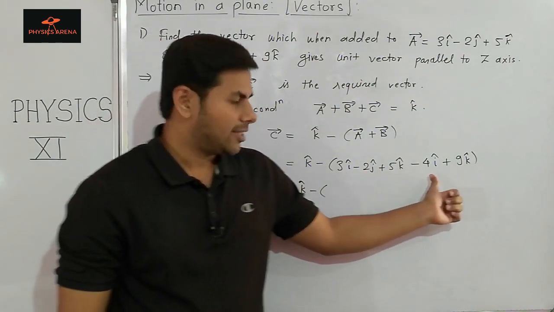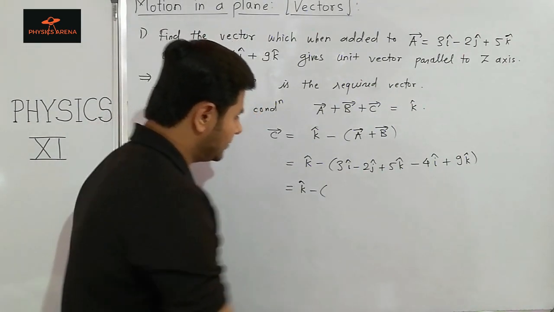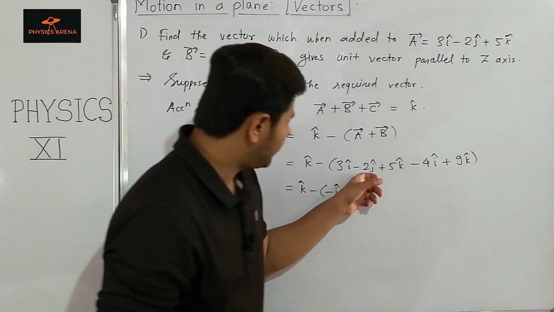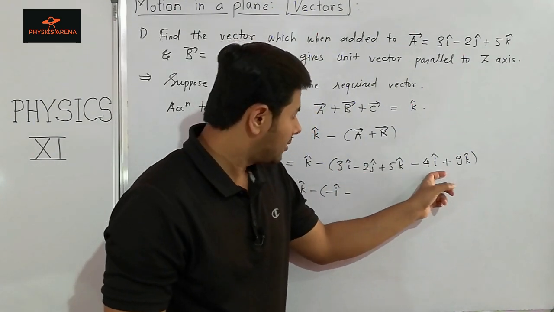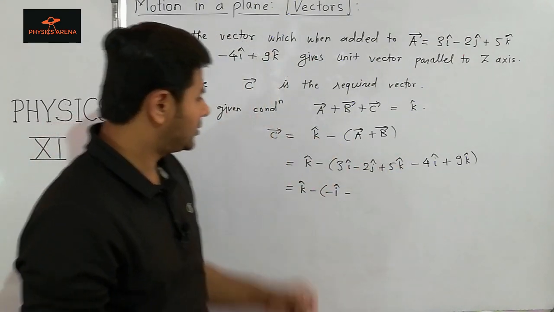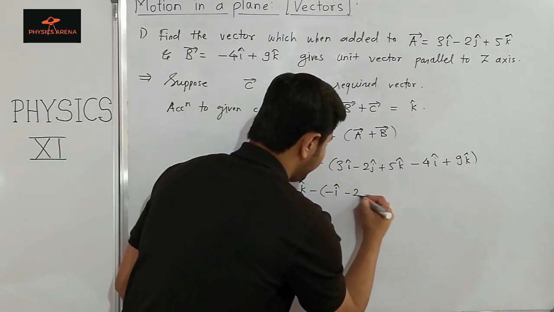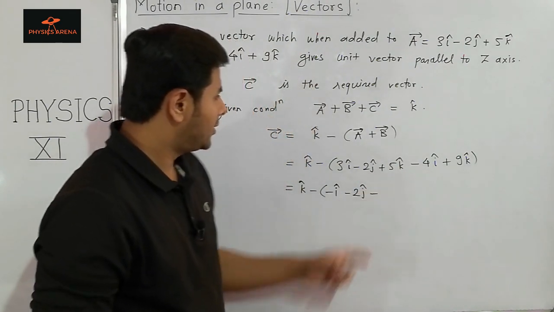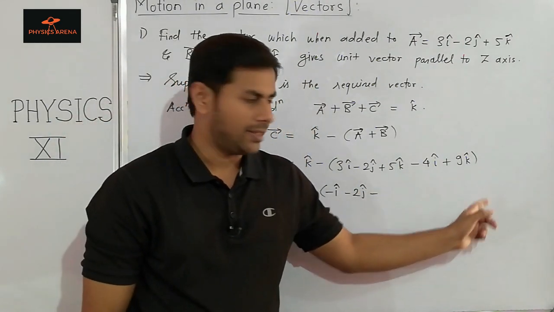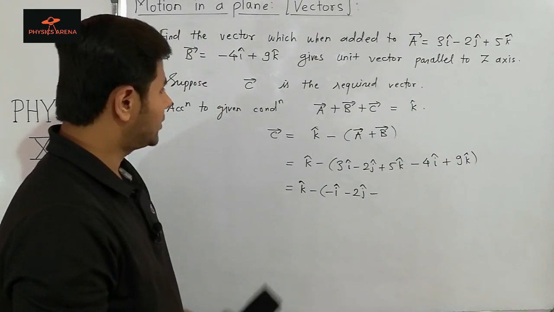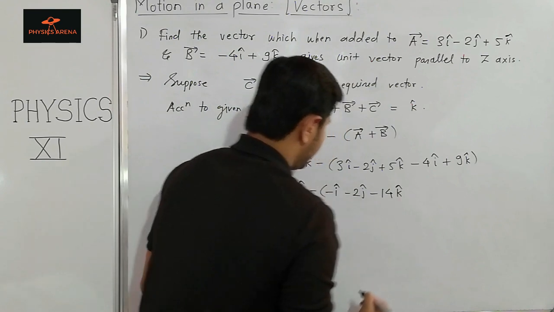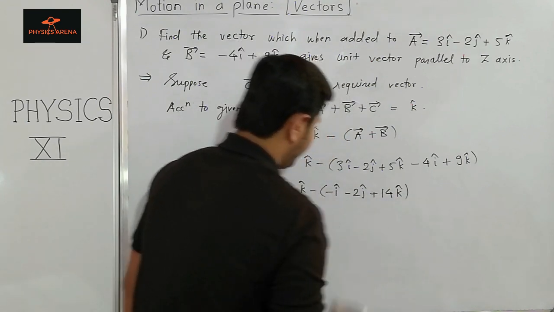So 3i minus 4i will be minus i. Then minus 2j, and there is no j here, so it is minus 2j only. Plus 5k and plus 9k, so it is plus 14k.